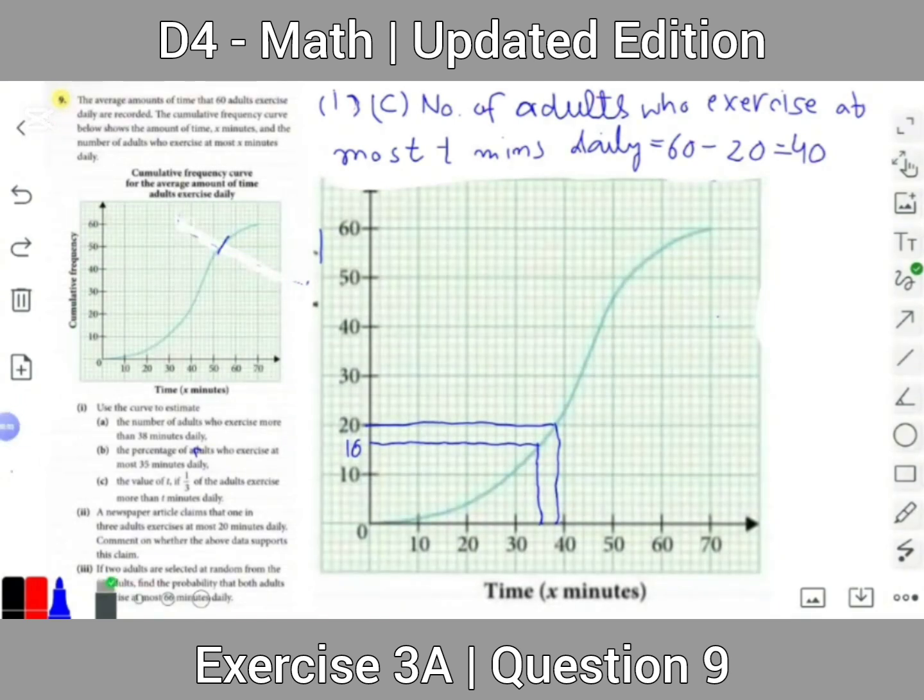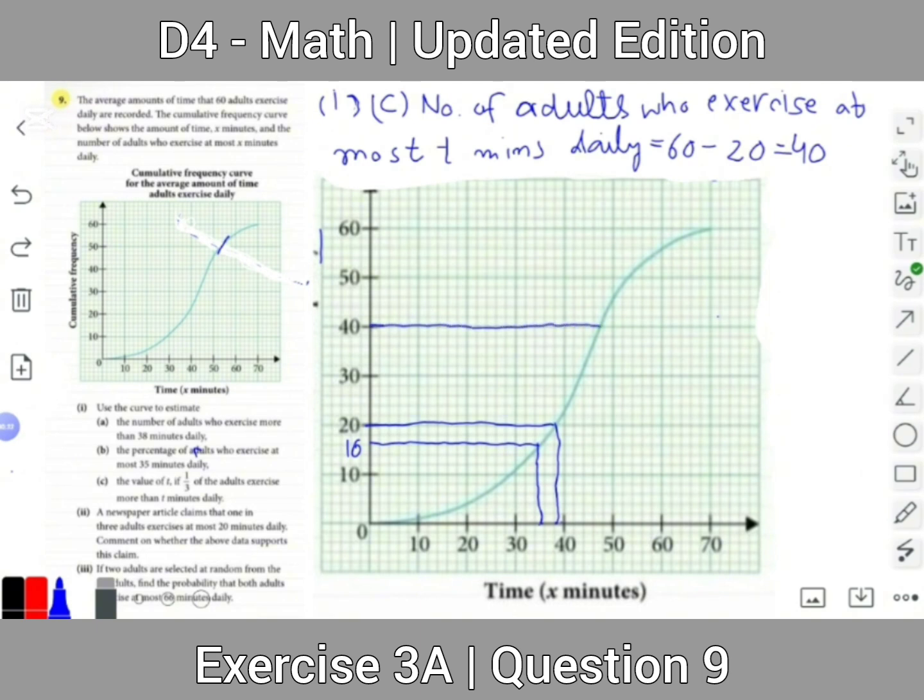Since we have found the number of adults, that is 40, from the vertical axis we will draw a horizontal line until it intersects the curve.